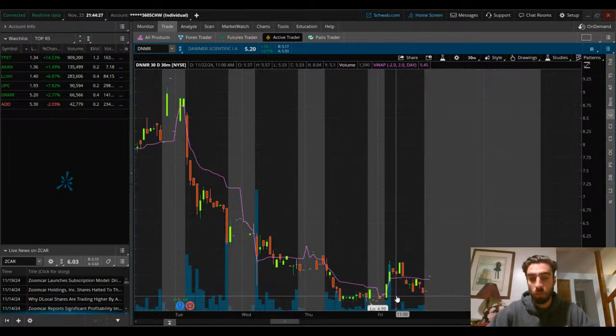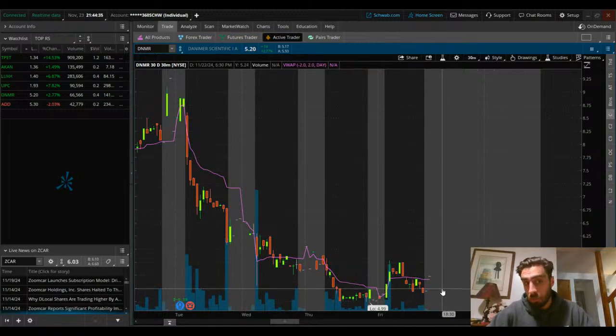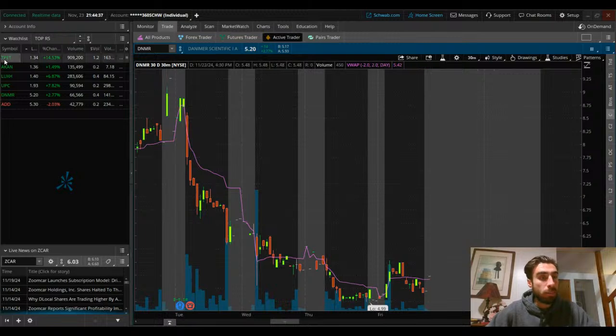So what I'm looking for is this W shape. If I could get in anywhere around this 5.15, 5.25 area, I'm in a good spot. LUXH and DNMR have high cash needs on dilution tracker, and AKAN has a medium cash need. And they're all within the day 7 to day 9 time frame.